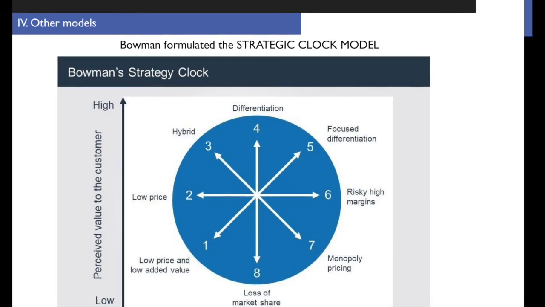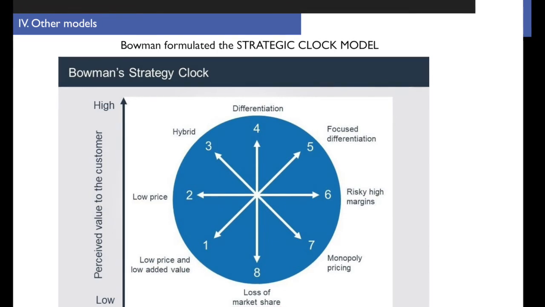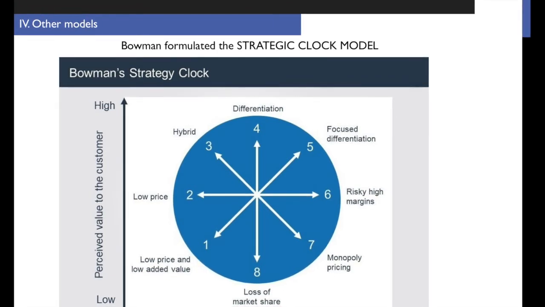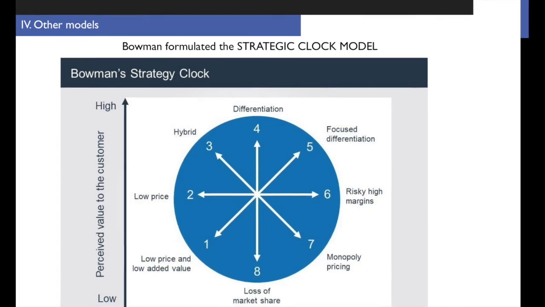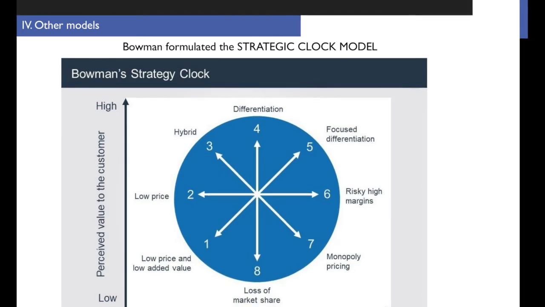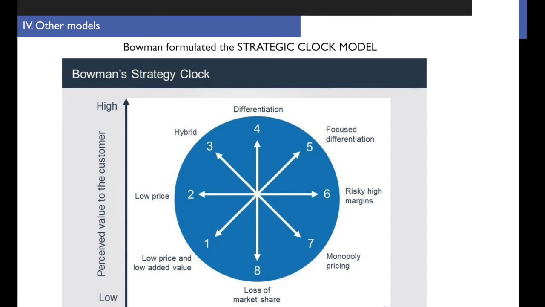So then we have got position 2. Position 2 is called low price and it's very similar to the cost leadership strategy of Michael Porter. I mean, you are offering a product which has got an intermediate value perception, paying a low price for it. So it's the left version of the cost leadership strategy defined by Michael Porter.